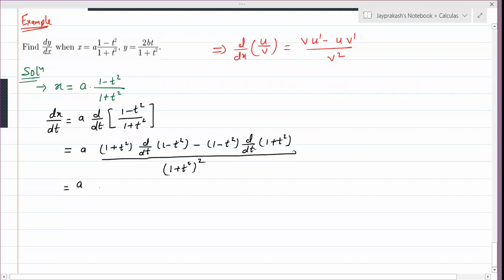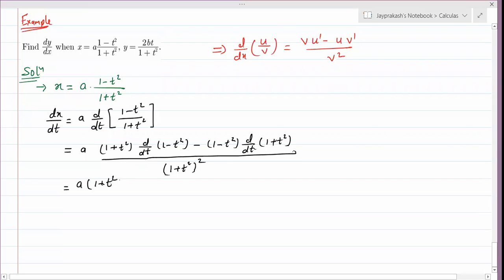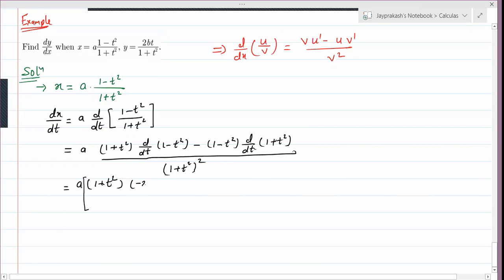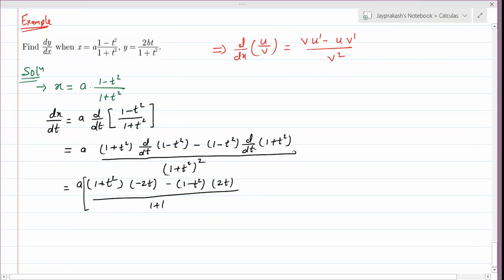So we will write here a into (1 plus t square). A is outside. Then the derivative of 1 will be 0, minus 2t, so this is the minus 2t. Then minus (1 minus t square) into 2t, upon (1 plus t square) whole square. So simplify it.